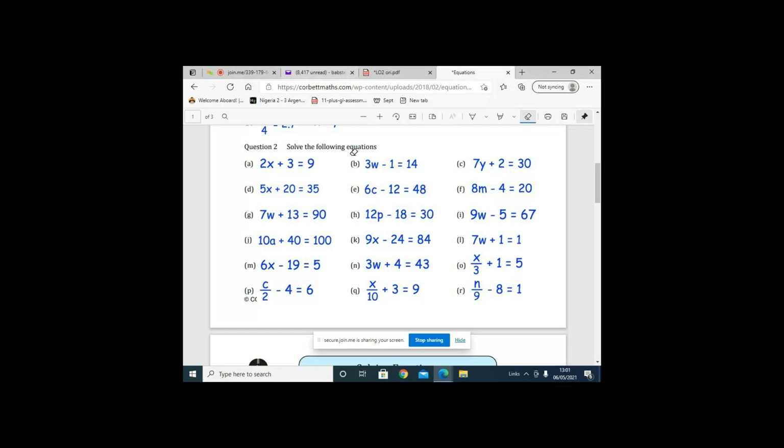60. So, yeah, 60. What about R? I'm still doing it.